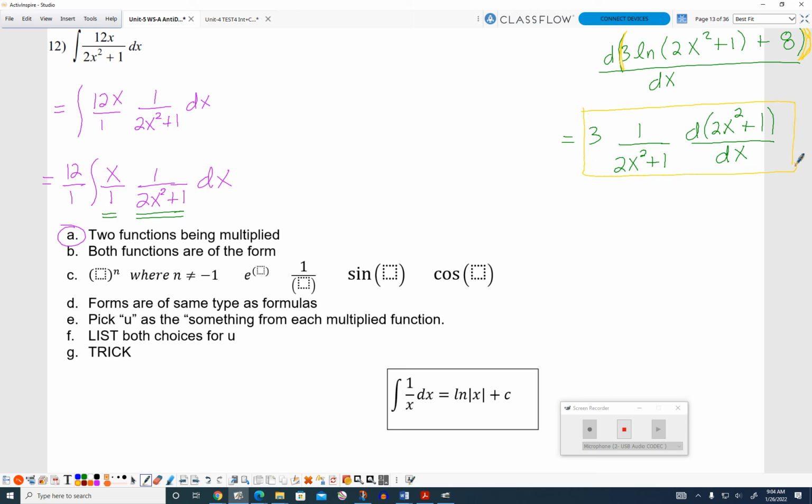What am I going to replace this right here with? Looking for hands. What's that going to be replaced with? Hands up. So I have the 3. I have the 1 over 2x squared plus 1. And I have that thing. What's that going to be? There we go. What's that one, right? 4x. Please raise your hand if you knew that was 4x. Point 2 right.